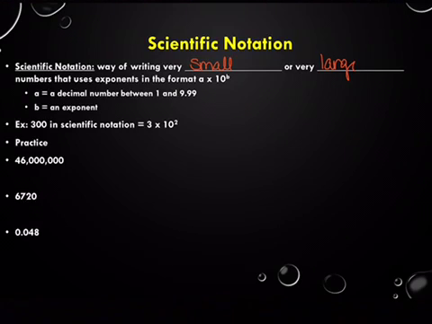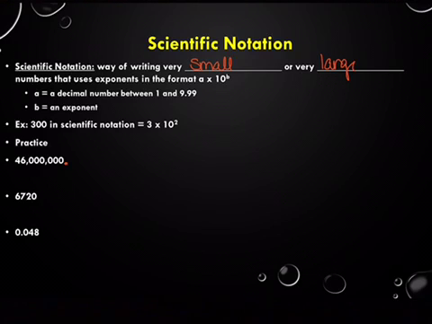So for example, in scientific notation, 300 becomes 3 times 10 to the second. So let's work on how to do this. So when you have a really big number, your decimal is always at the farthest right.